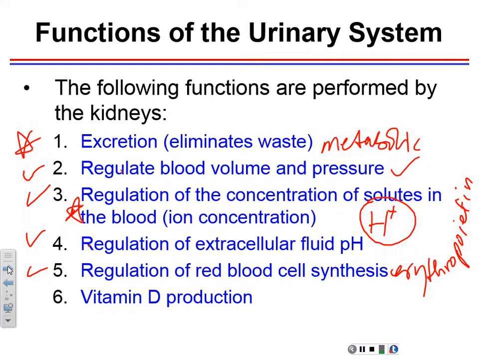All right? What did we say? Whenever there's low calcium levels, okay, you release parathyroid hormone, and parathyroid hormone stimulates the production of active vitamin D in the kidneys. Active vitamin D is produced in the kidneys. And then what does active vitamin D do?